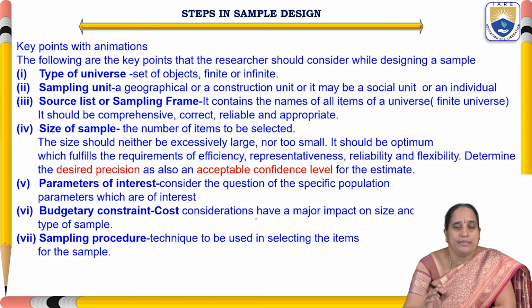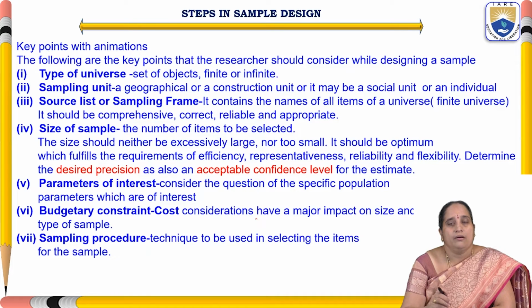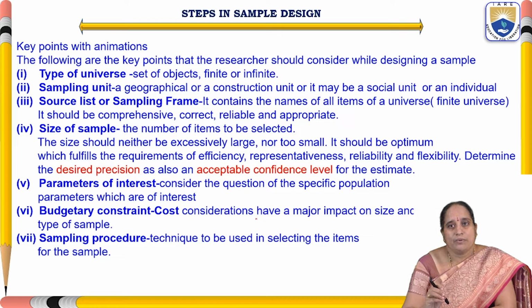Or sometimes if you take a construction unit as the example, the number of houses, buildings, and villas all come under the sampling unit. Sometimes a social unit, sometimes an individual person also. Whatever we are taking as the sample is treated as the sampling unit.